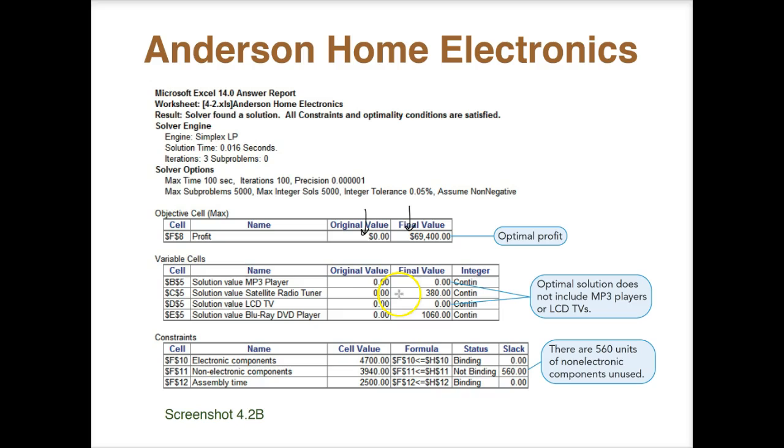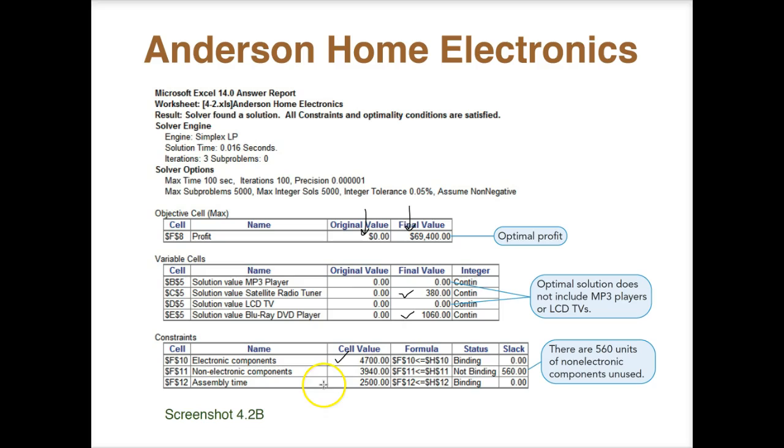And to get that, we're going to have to make 380 satellite radio tuners and 1,060 Blu-ray DVD players. And we have to refrain from making any MP3 players or LCD TVs. Okay? So we also see down here below that for the electronic components, we have used up all of our electronic components to achieve this maximum profit.